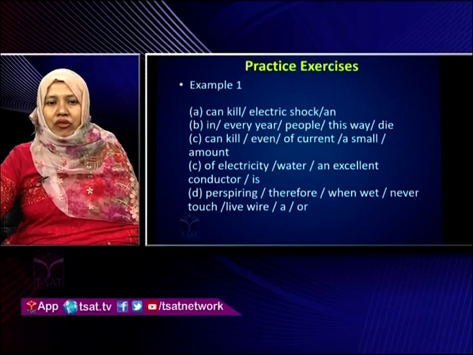Yes, after people there is a main verb here, die. People die this way. After this should come a preposition. People die in this way every year. So in this way every year is the object of the sentence.